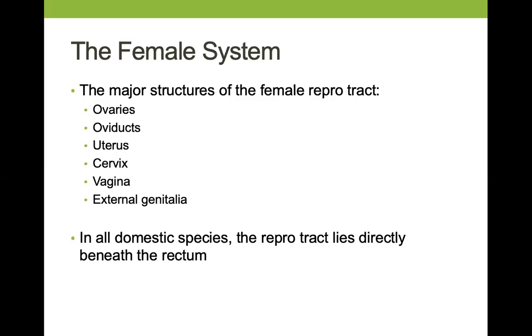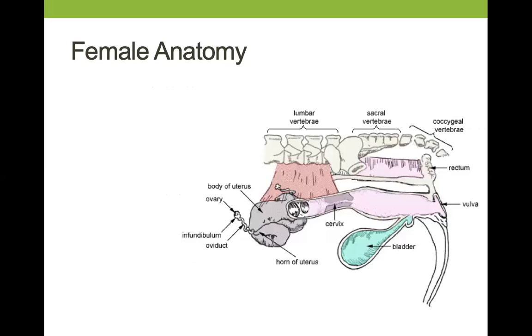When we're looking at the reproductive tract in domesticated livestock species, the reproductive tract actually lies directly beneath the rectum, and that helps us out when we are looking at female reproductive health for our livestock species.